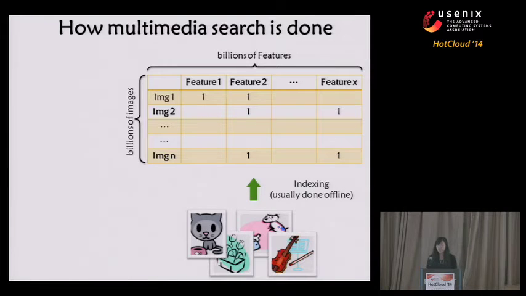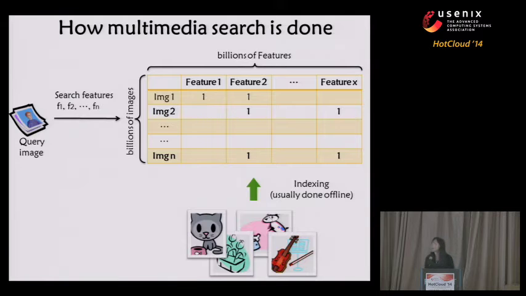Since there are billions of images and billions of features, the index table is absolutely enormous and is also very sparse. To process a query image, the search engine first extracts all the features from it, and then looks up the index table to find the images which contain those features.